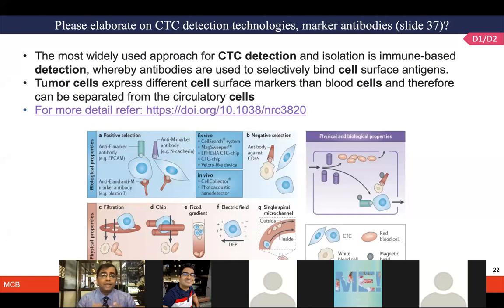So antigen-antibody interaction is very strong. So if you know that a specific type of antigen is getting expressed on the circulating tumor cell, you can use some antibodies which can try to bind selectively to these antigens, and then that could be used to capture those cells by the antibody.